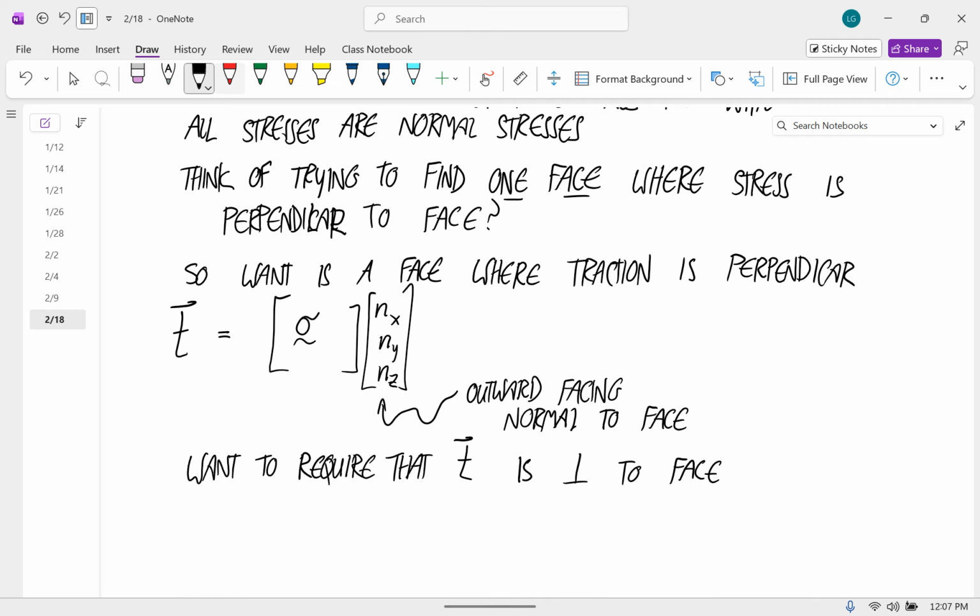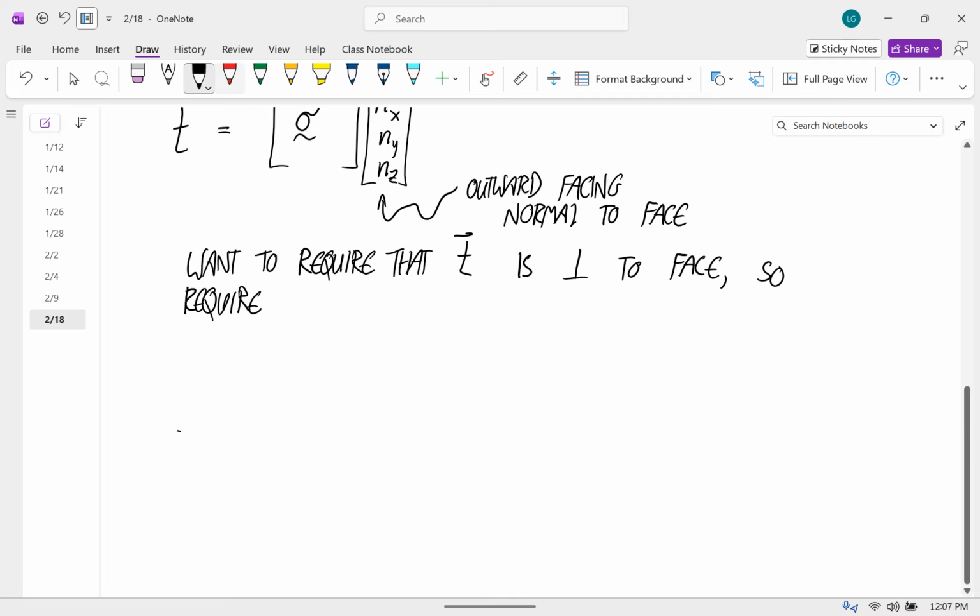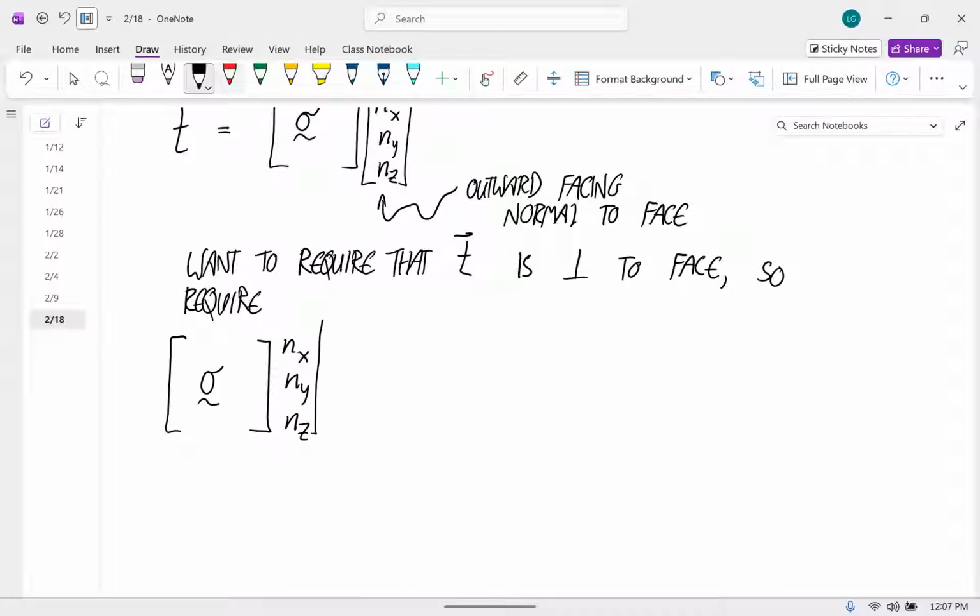And the way we can do that is we can say, we're going to require that the stress tensor times this outward facing normal is equal to some constant that I'm going to call lambda times that outward facing normal.